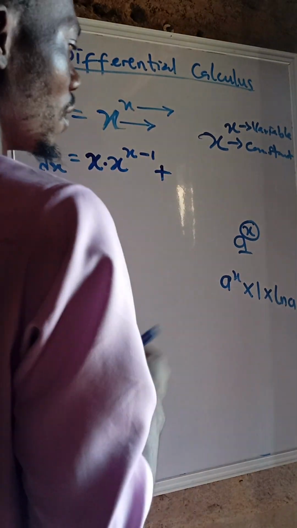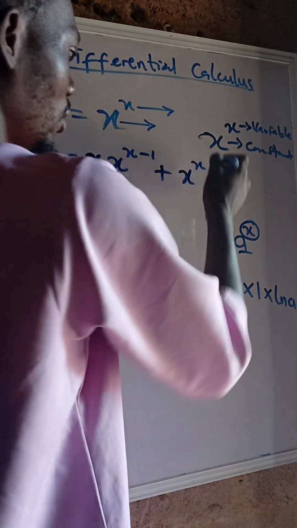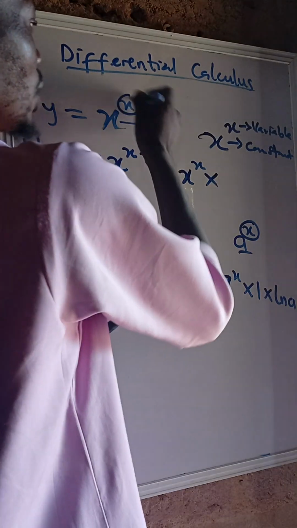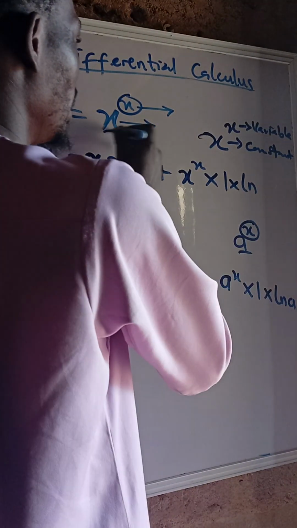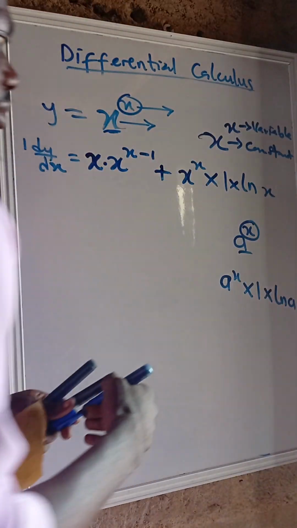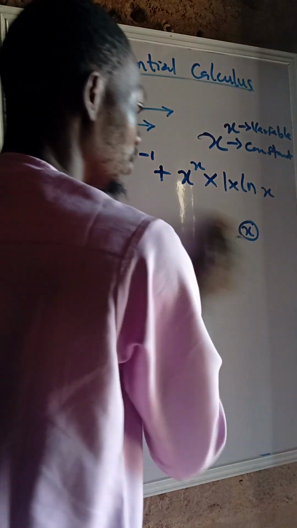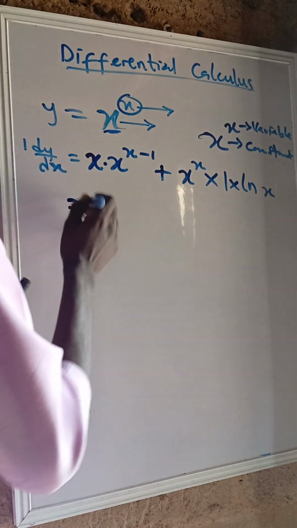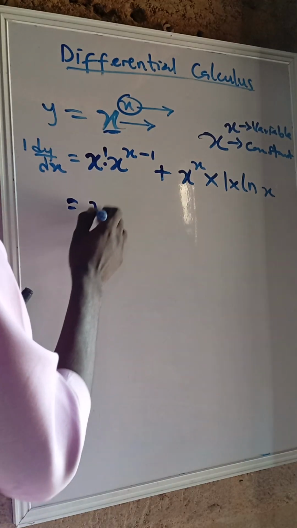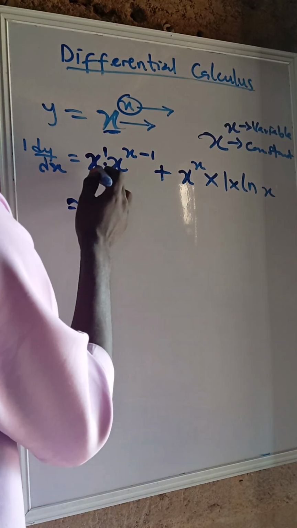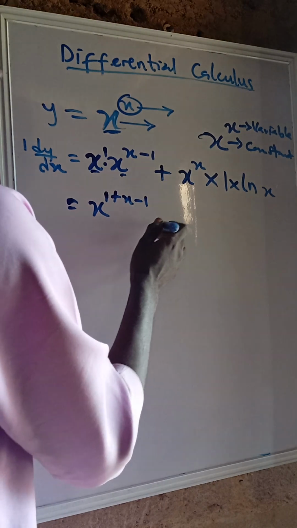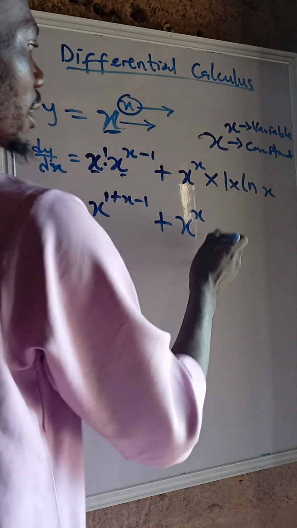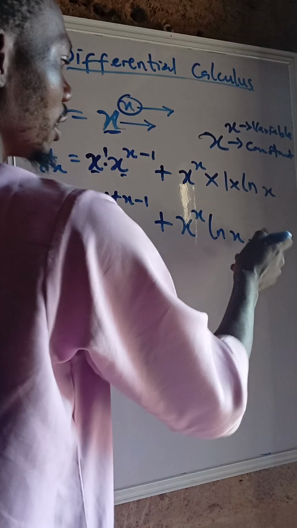Okay, so we'll write the function, multiply by, differentiate what you have up here, that will be 1, then ln the base. What's the base? x. Okay, so this one is raised by 1 here. Using the law of indices, when you have same base, you add the power, plus x raised by x ln x.